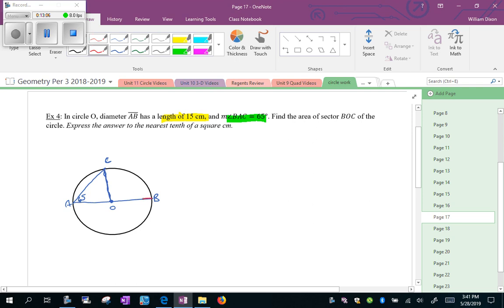All right, so BOC, that's that angle that's going to make up this sector here that I want to find the area of. Well, BAC, that 65 degrees, is an inscribed angle. So we know that the arc that it intercepts is BC. So that is going to be 130 degrees.